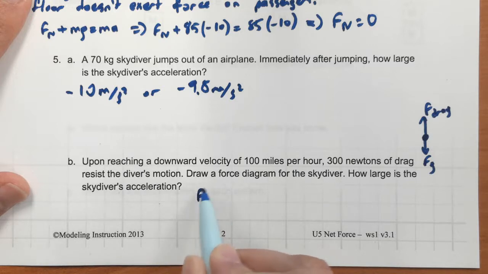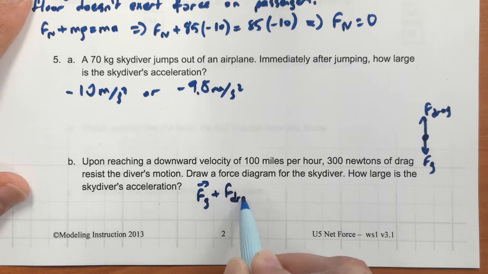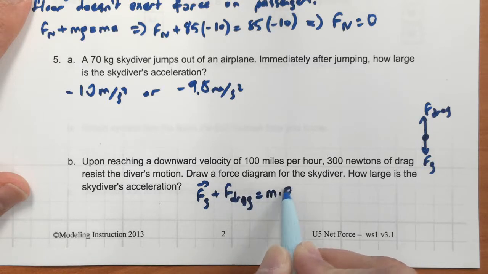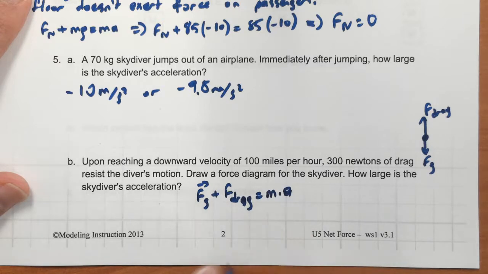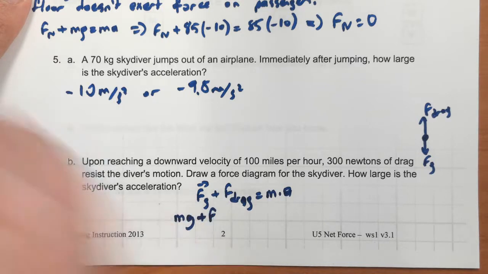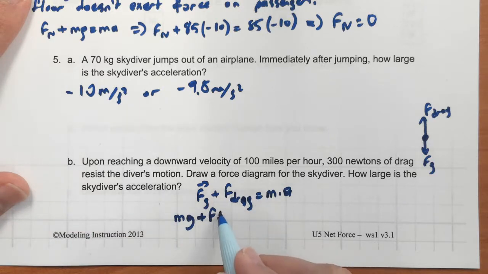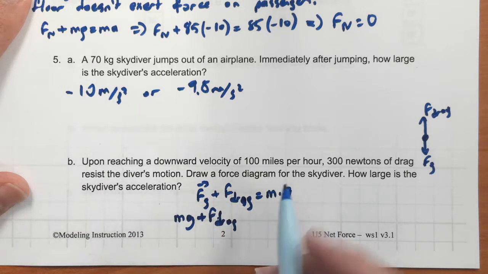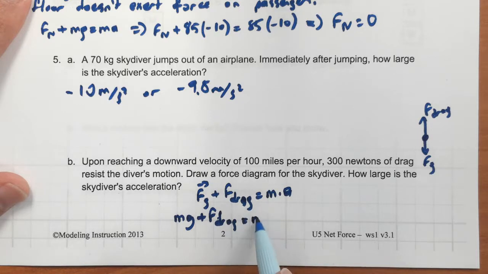That's why we can write the equation like that. Force of gravity plus force of drag equals mass times acceleration. So mass times g plus F drag equals m times acceleration.